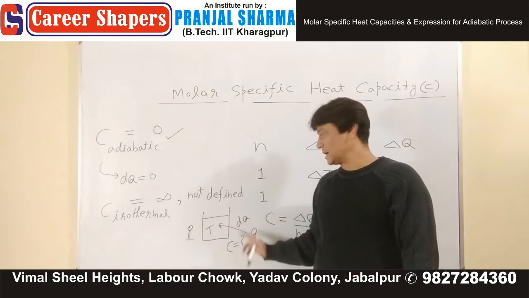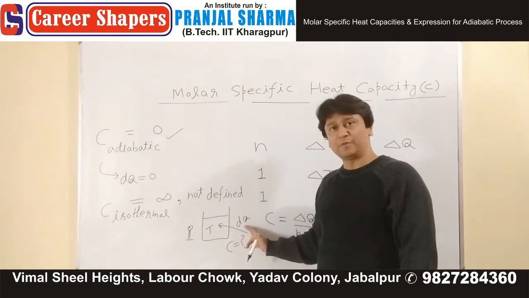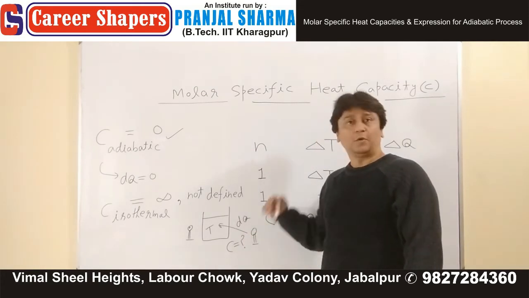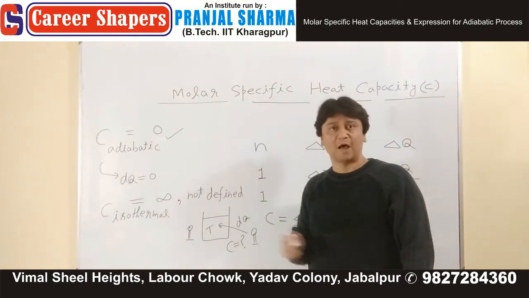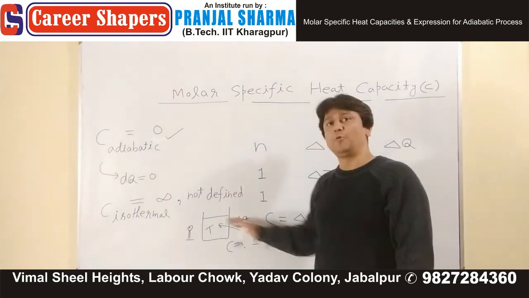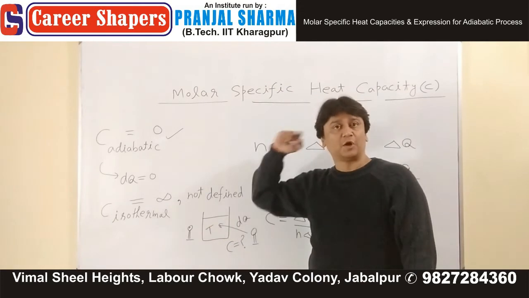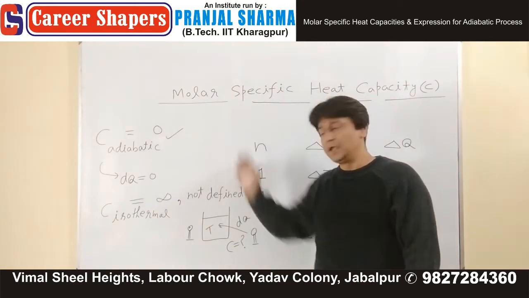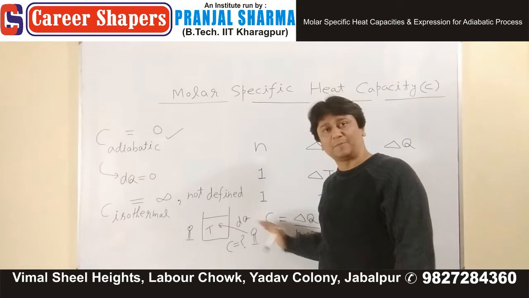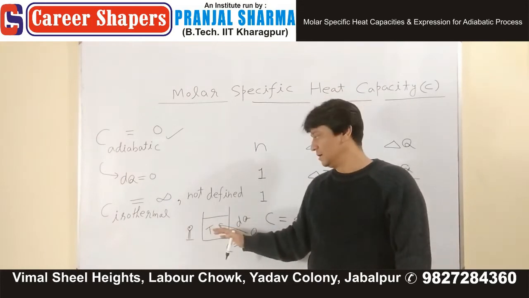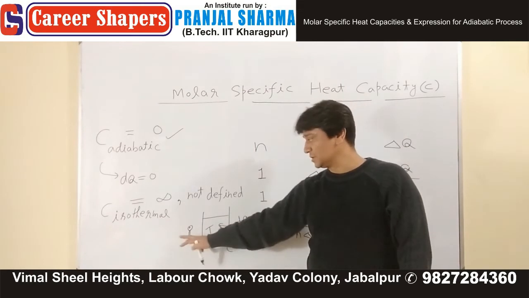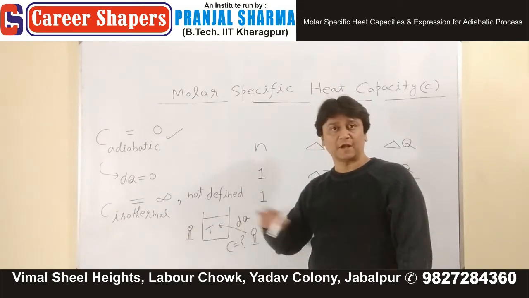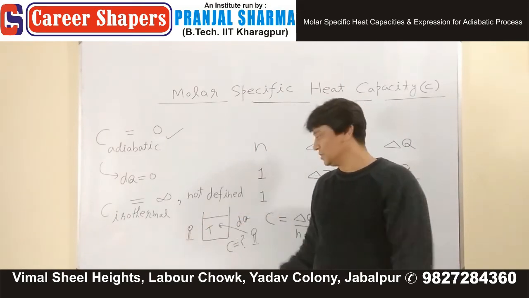So what do we need from this? C. What is the definition? Supply heat so that temperature increases by 1 degree Celsius. So in the hope that the temperature one day will increase by 1, he just keeps on supplying heat to the container, but the temperature doesn't increase because this guy's responsibility is that all the time the temperature should remain what? Same. So what happens?